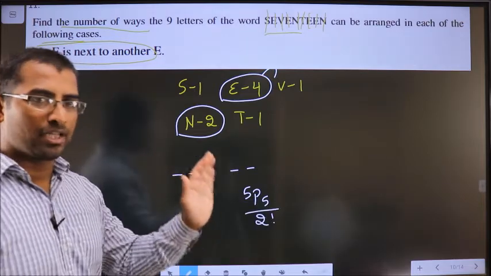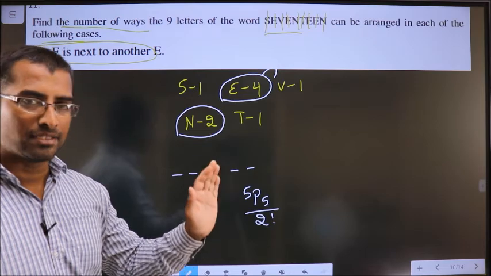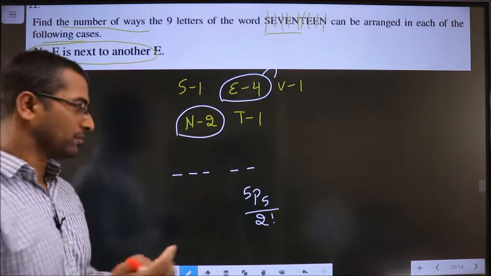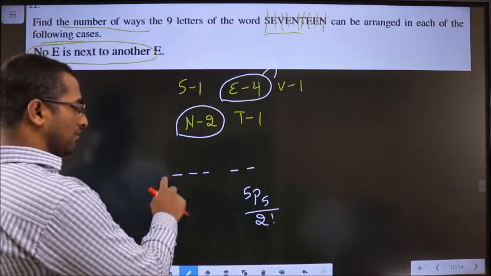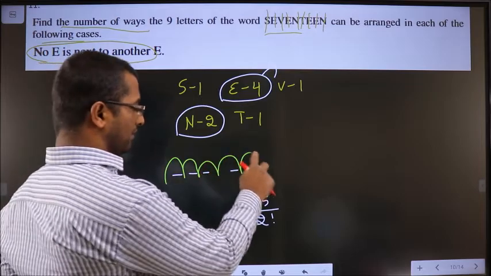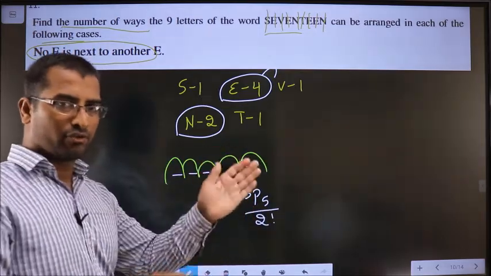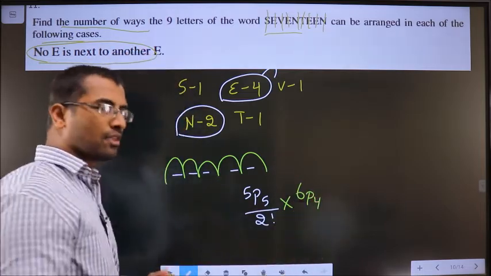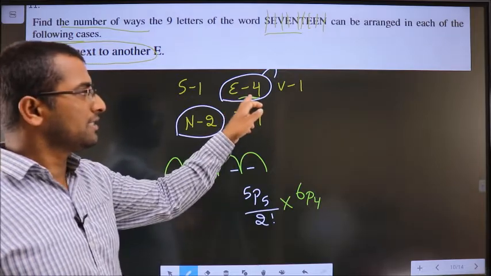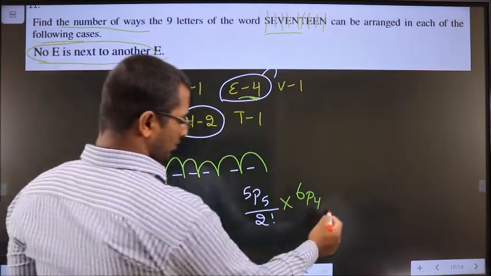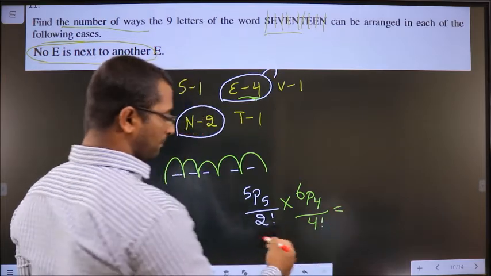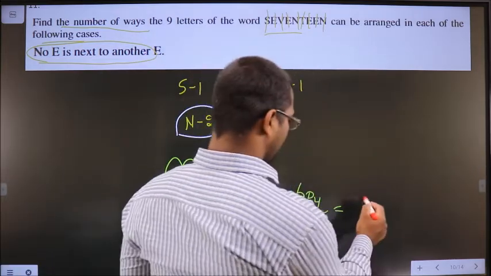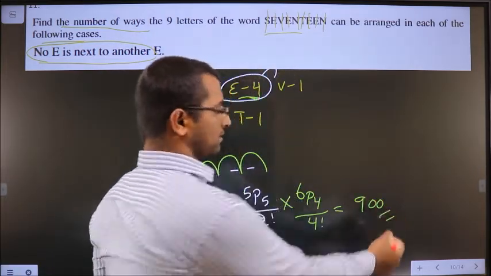So I should check in between how many places I have for E. If they are placed in between, only then I can be sure that no E is beside another E. So in-between places are 1, 2, 3, 4, 5, 6. 6 places for 4 E's can be arranged in 6P4 ways. More. These 4 E's are identical. So divide by 4 factorial. Place this in the calculator, you get the answer to be 900.